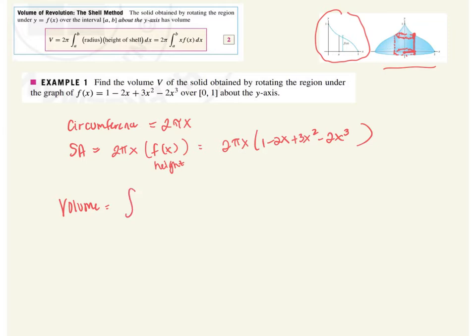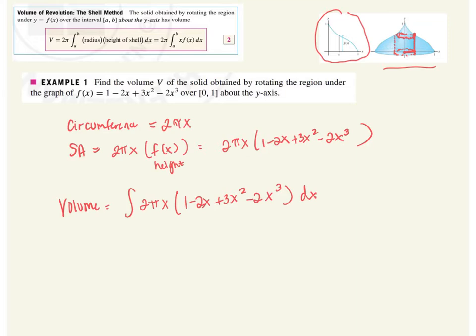And if we want to come up with our volume, right, we're going to integrate it. 2 pi x, the 2 pi, of course, you can take and put out in front. That's up to you. 1 minus 2x plus 3x squared minus 2x cubed. The dx, right, of course we need it. It's notation. It's important. It has to go hand in hand with that integral. But it also signifies that depth that I was referring to, right, that depth of this shell.